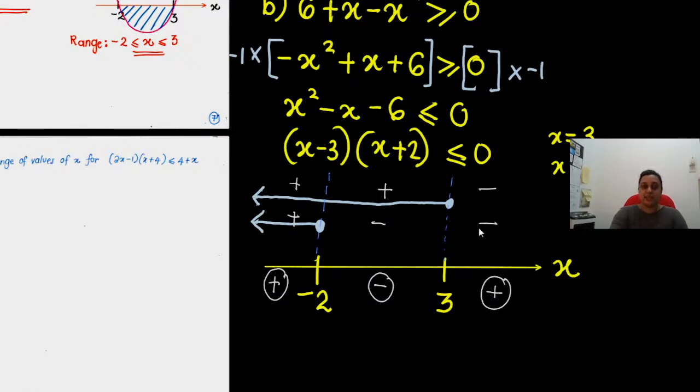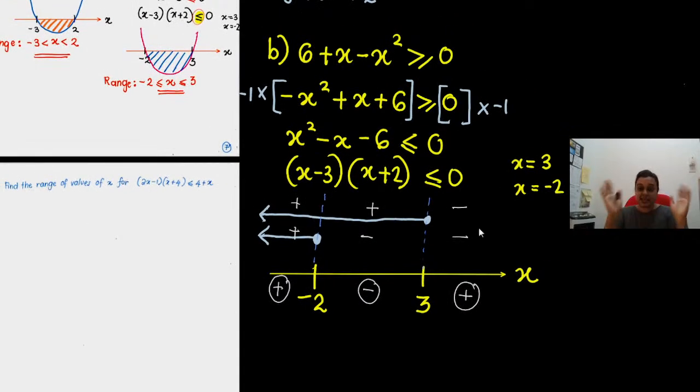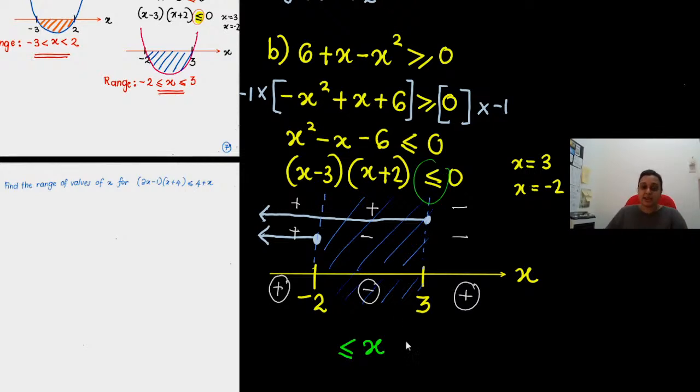Okay, so this entire inequality is smaller than or equal to 0. Smaller than means negative values. So meaning that we are going to take this part of the area. This is negative. Okay, so when you write your answer, write X in the middle. Follow the sign. Just copy the sign, put in front and put at the back. Okay, negative 2 and then 3 will be at the back. So this is the range of X.